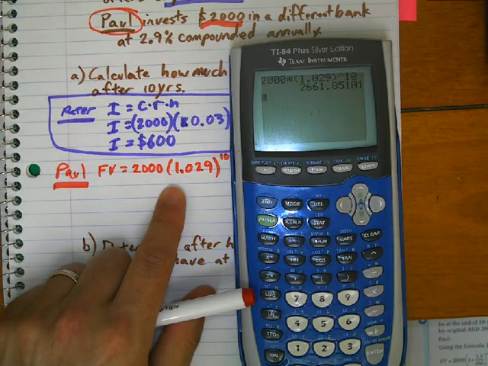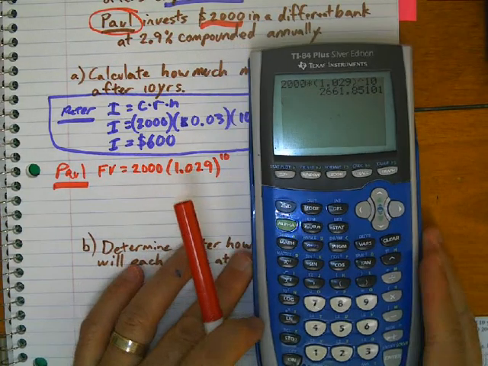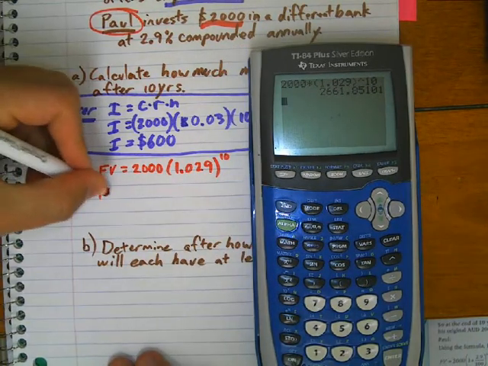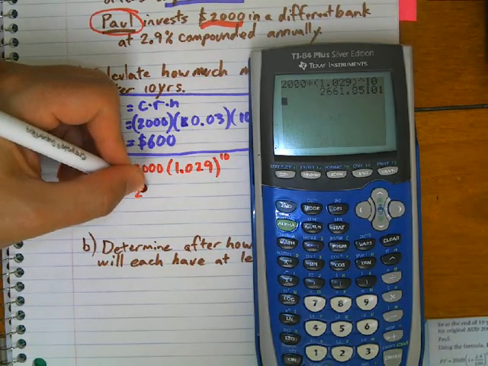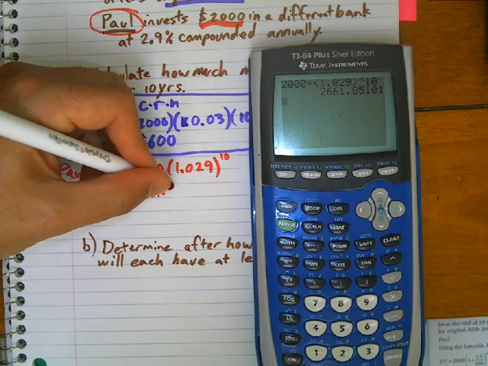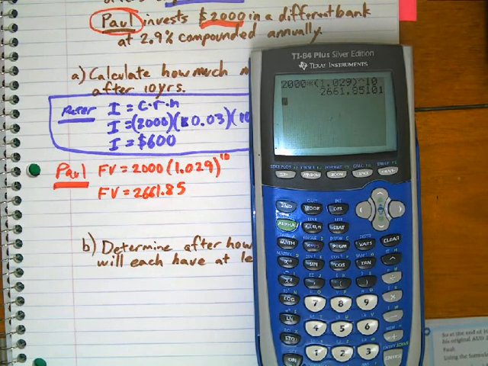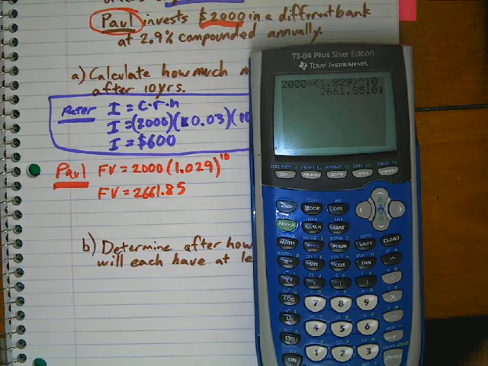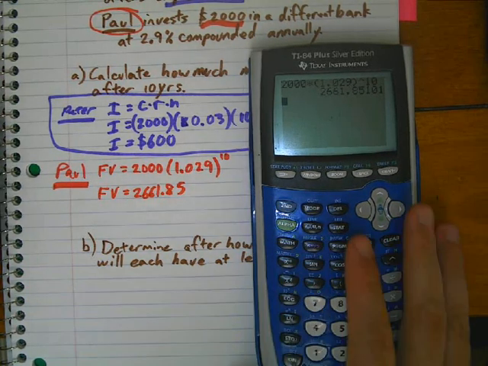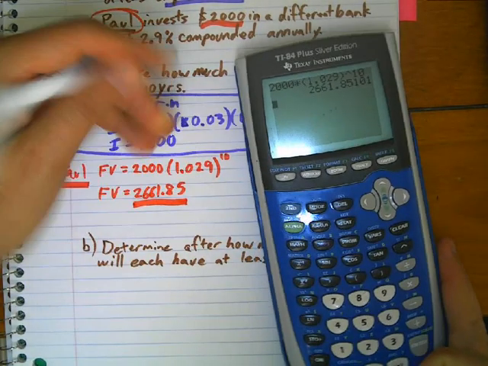And I get the future value is 2661.85. Okay, so this is the amount after 10 years in the bank.